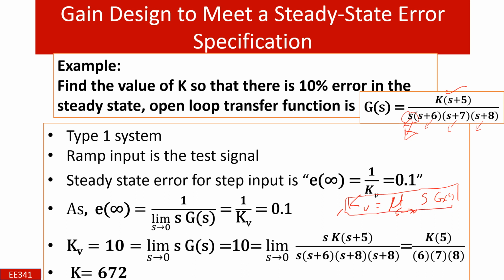The steady state error is the reciprocal of the velocity constant, so it is 0.1 because Kv is 10. So we can find the value of K where Kv is given. Just apply the limit as s approaches 0, and we get K equal to 672, which is the value for the system to operate in a steady state within the 10% range.